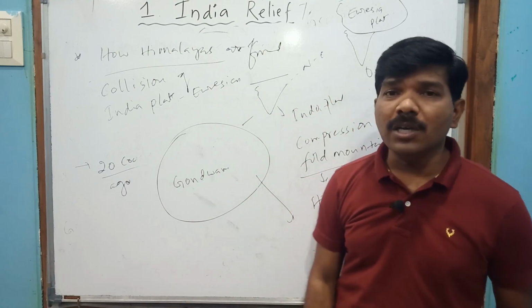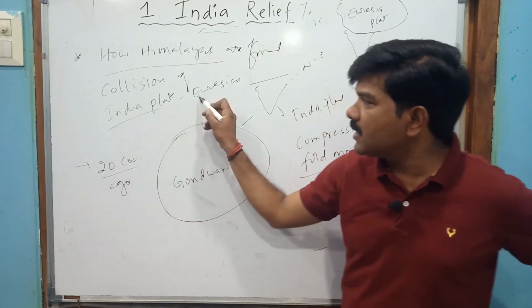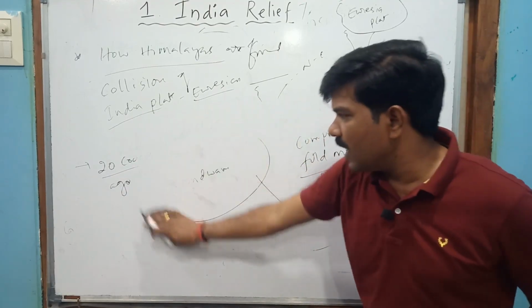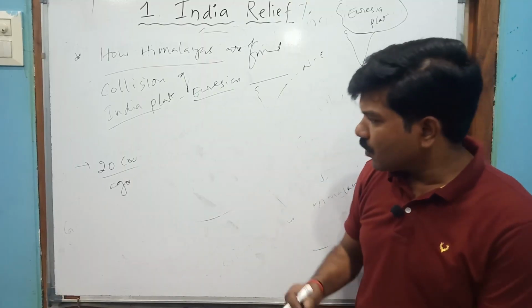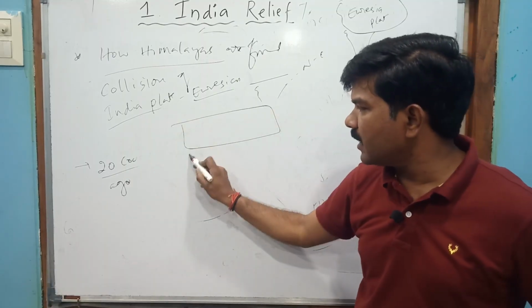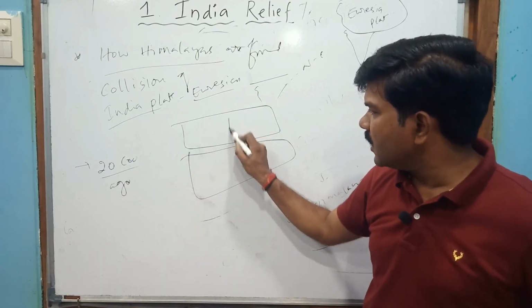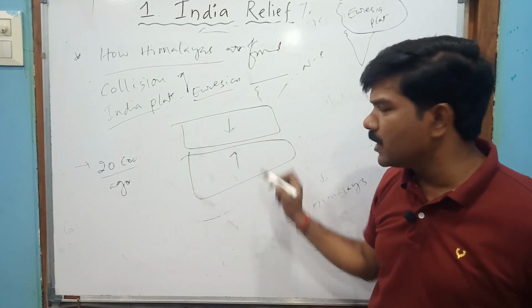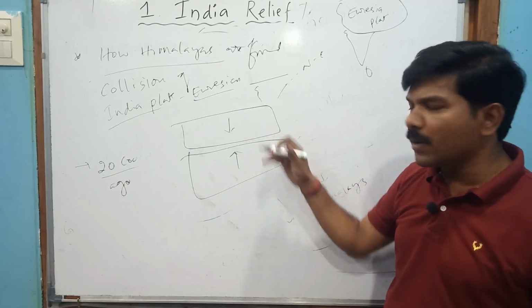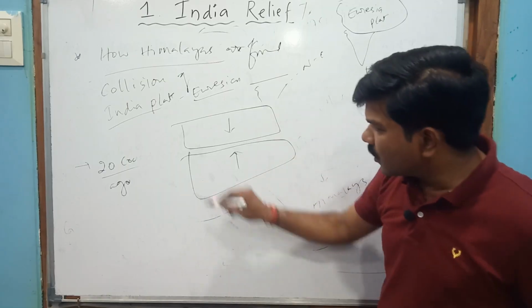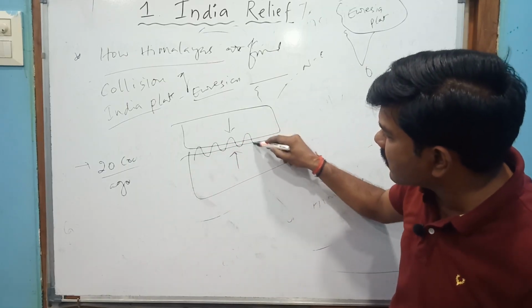The Himalayas are formed due to the collision of the India plate and the Eurasia plate. For example, this is one plate and this is another plate. This plate is coming this side, this plate is moving this side. Whenever plates move toward each other, fold mountains can form.